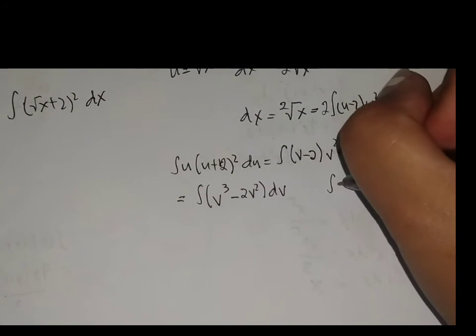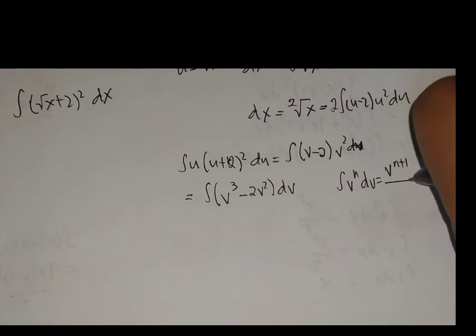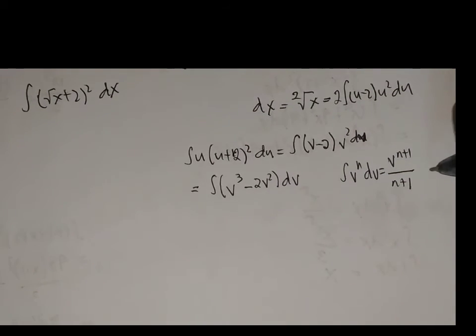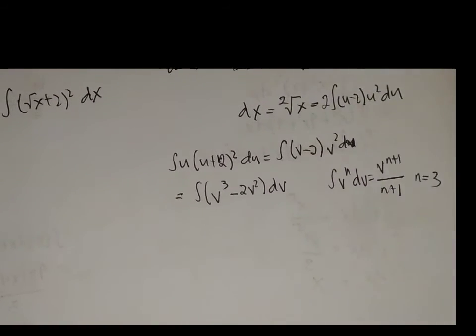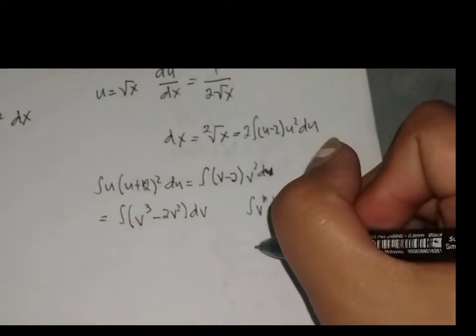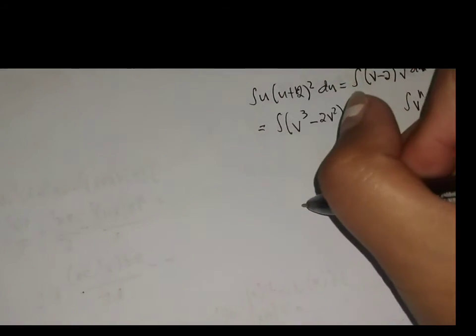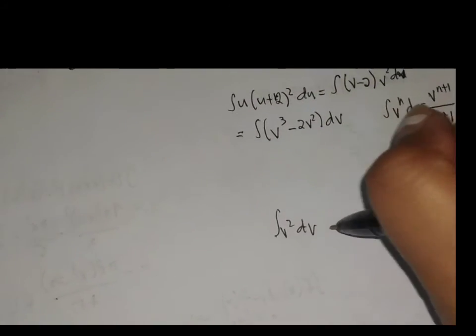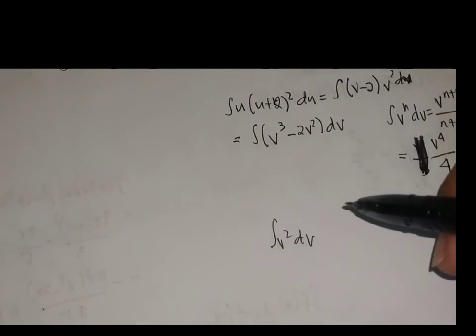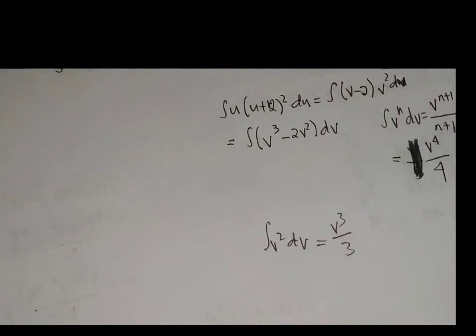Apply the power rule: the integral of v raised to n dv is equal to v raised to n plus 1 over n plus 1, with n equal to 3. So it is v raised to 4 over 4. Let's proceed. Solve for the integral of v squared dv. Again, apply the power rule with n equal to 2. So it is v cubed over 3.